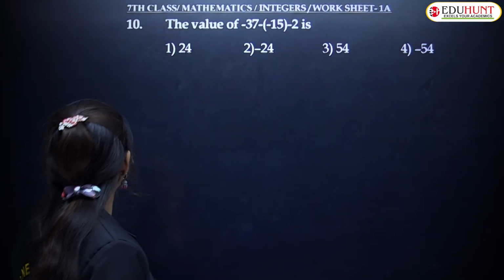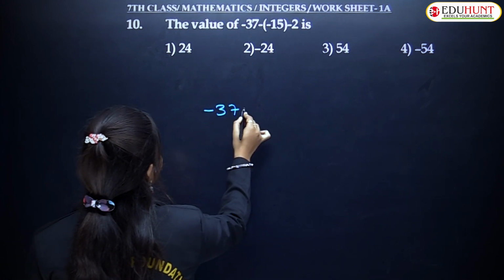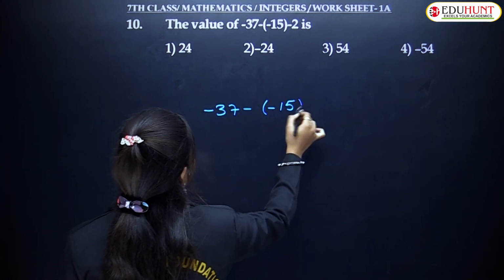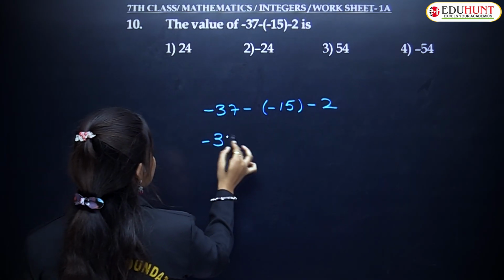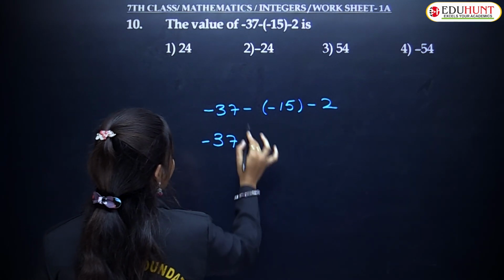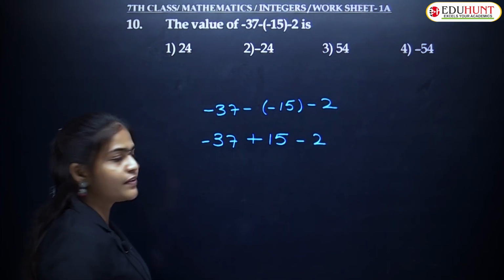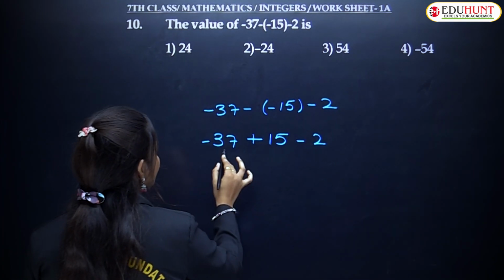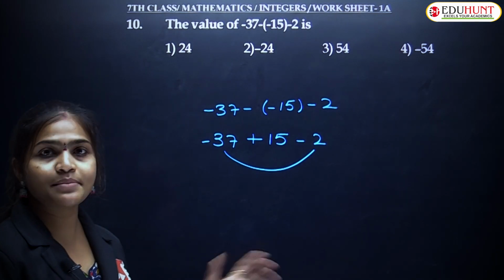So next one, the value of minus 37 minus of minus 15 minus 2. From this one, minus 37, minus into minus is plus 15, minus 2. Plus 15 minus 2. And we know that it is better to add the numbers that have the same sign.